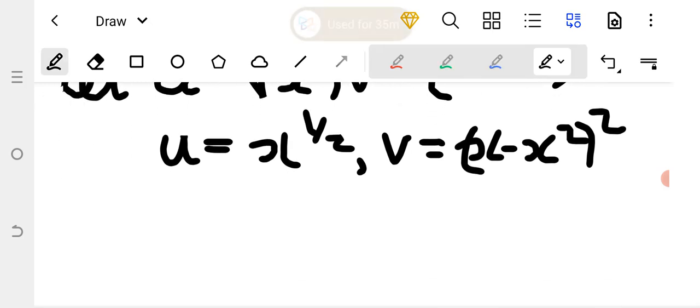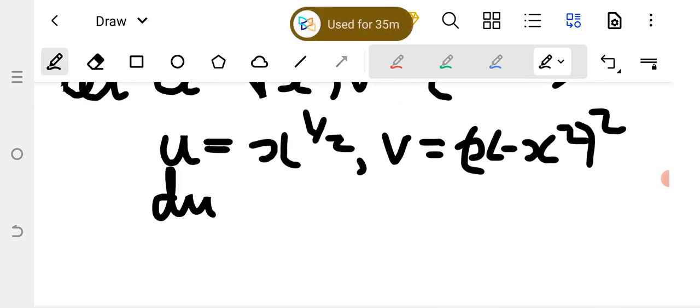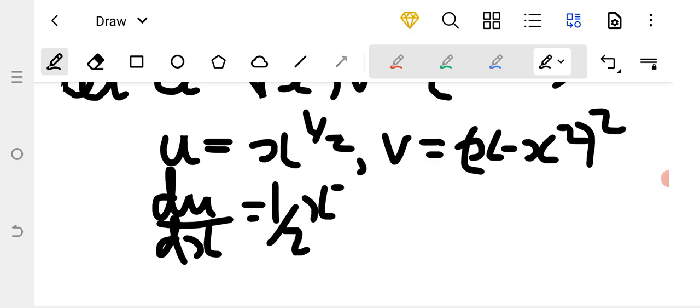So we are going to say du dx is equal to 1 over 2 x to the power negative half. If you don't know how to differentiate this, I have a playlist on how to differentiate.